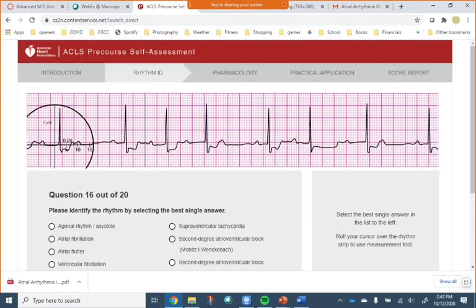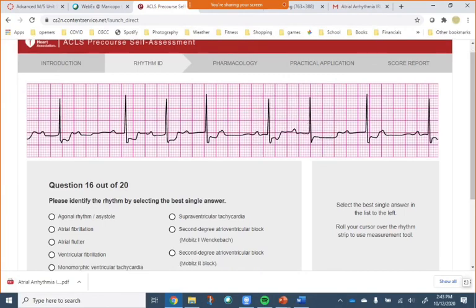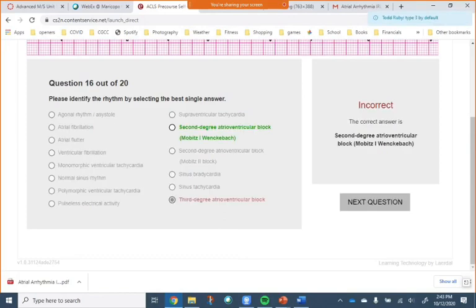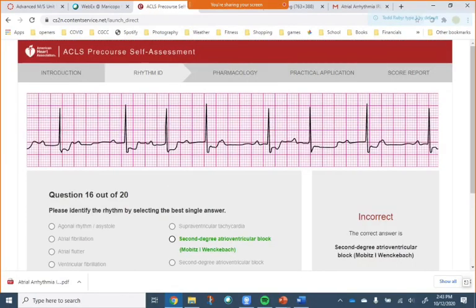Let me do another check. Let me look P to P. I think this one might, I'm going to make a wild stab here. 2nd degree type 2.